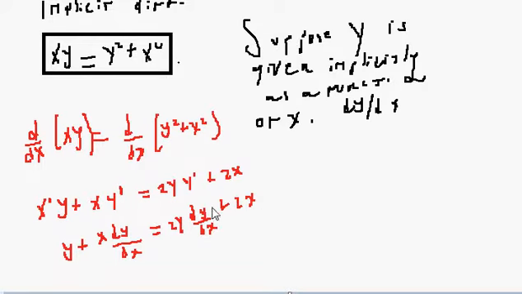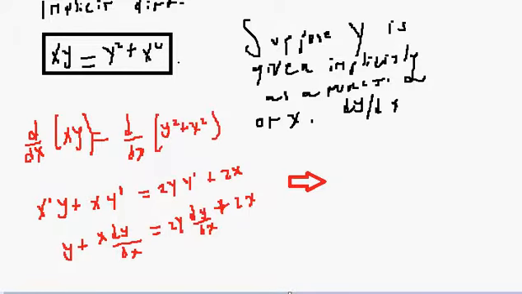plus 2x. Now they're asking me to find dy dx, so what this translates into is that I have to solve for dy dx. I have here x dy dx and 2y dy dx. I'm going to put all the expressions involving dy dx on this side over here. So let me move this y over to the other side.